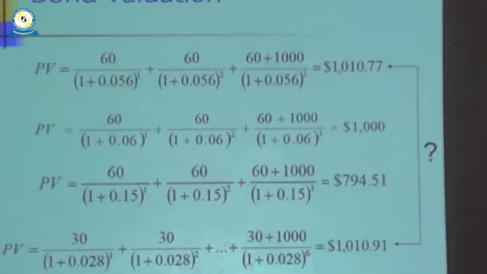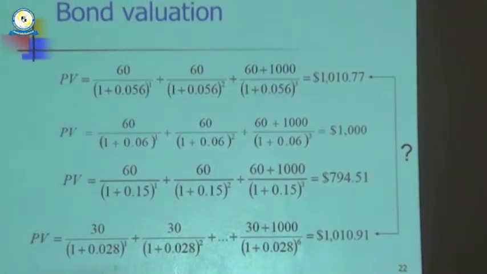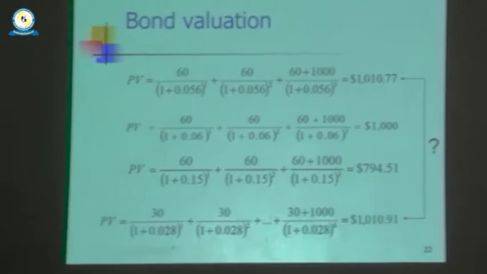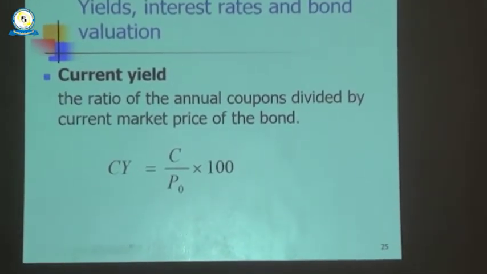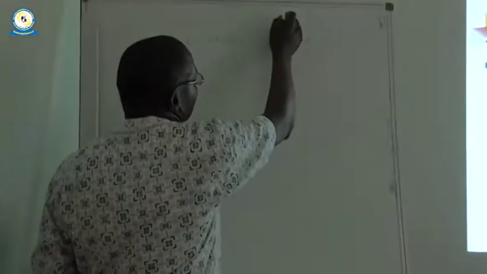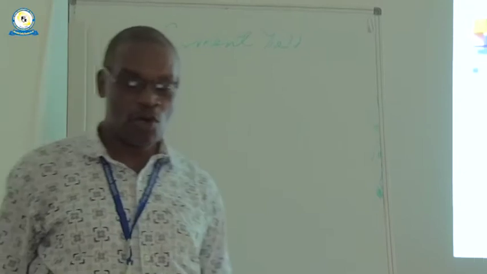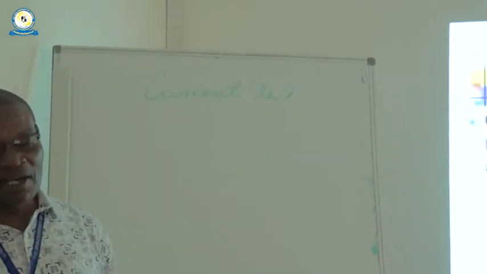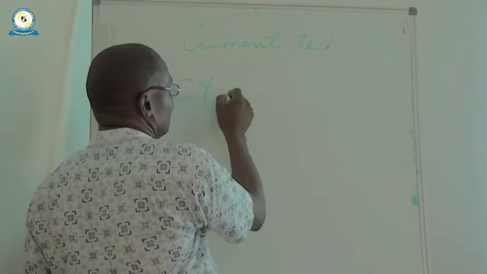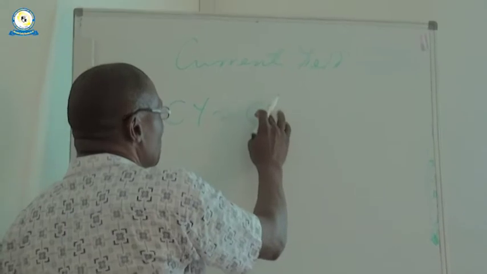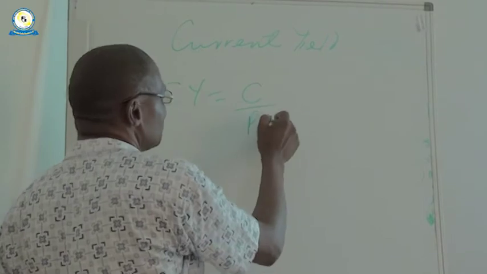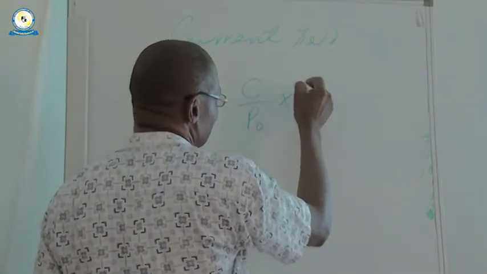After seeing how we calculate the price of the bond, we further look at what we call current yield. What is current yield? Current yield is the ratio of the annual coupons divided by the current market price of the bond. So you take the coupon, you divide by price, and you multiply by 100 to get a percentage.